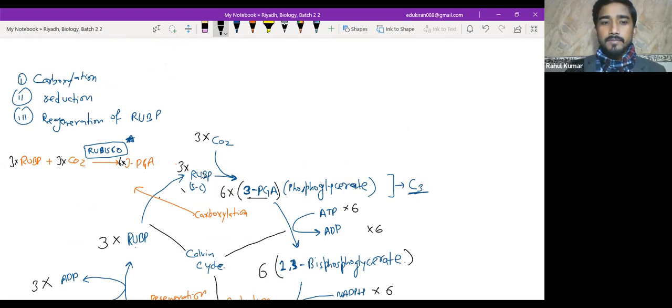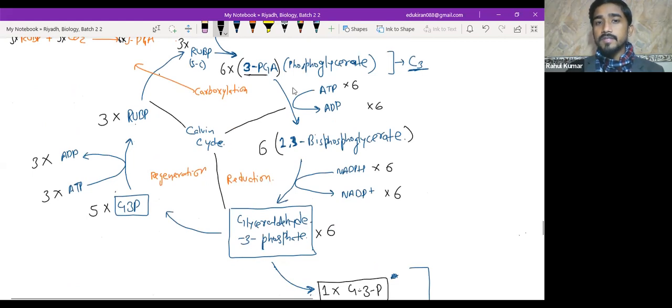Actually it is RuBP, ribulose bisphosphate. It is a 5 carbon molecule. So it accepts one CO2 every cycle and tries to fix it. It itself is a 5 carbon molecule. It accepts one CO2 every cycle and makes 3 PGA, which is a 3 carbon molecule.